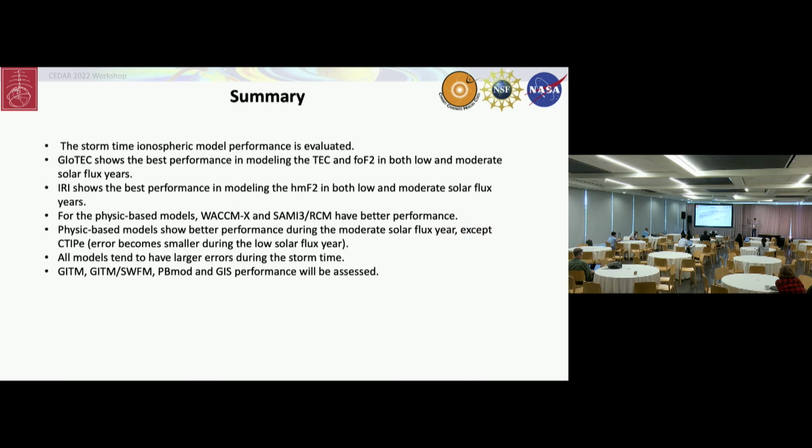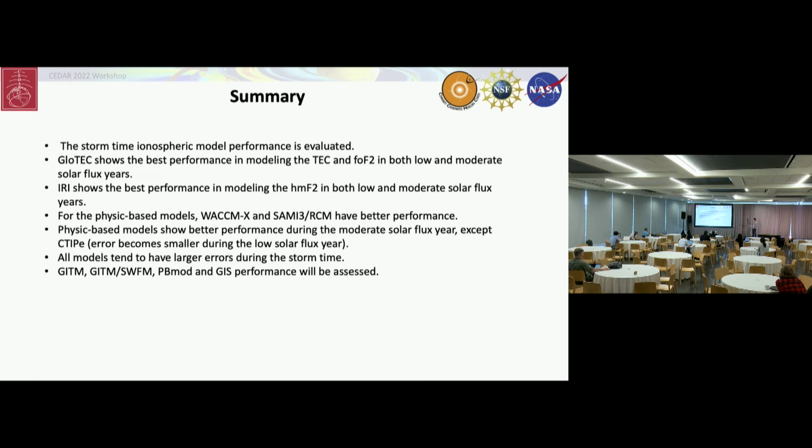So in summary, we evaluated the model performance during the storm time. Overall, we find that GROTEC shows the best performance in modeling the TEC and the foF2 in both low and moderate solar flux years. And the IRI shows the best performance in modeling the HmF2 in both low and moderate solar flux years.